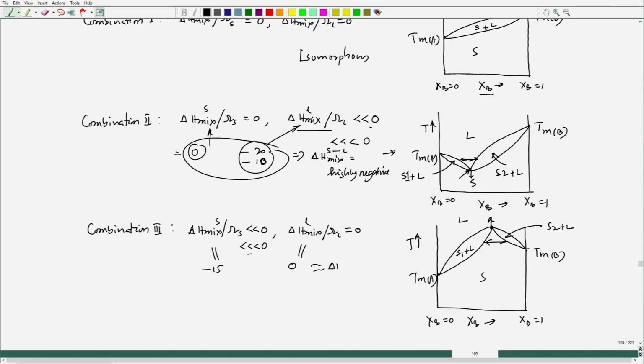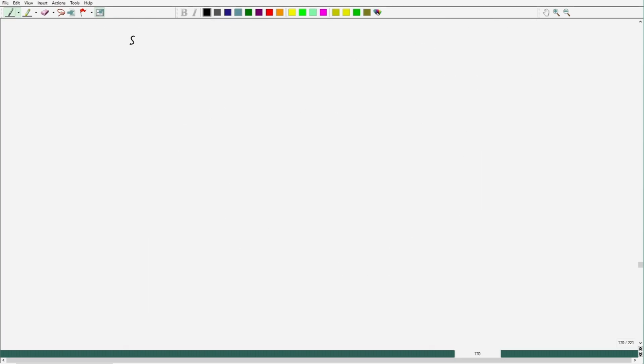So, the solid liquid difference is going to be highly negative. Then also we will have this kind of plot. So, the difference in these del H mix values will also decide the pattern of this particular plot. Let us see a couple of examples with the help of some values.